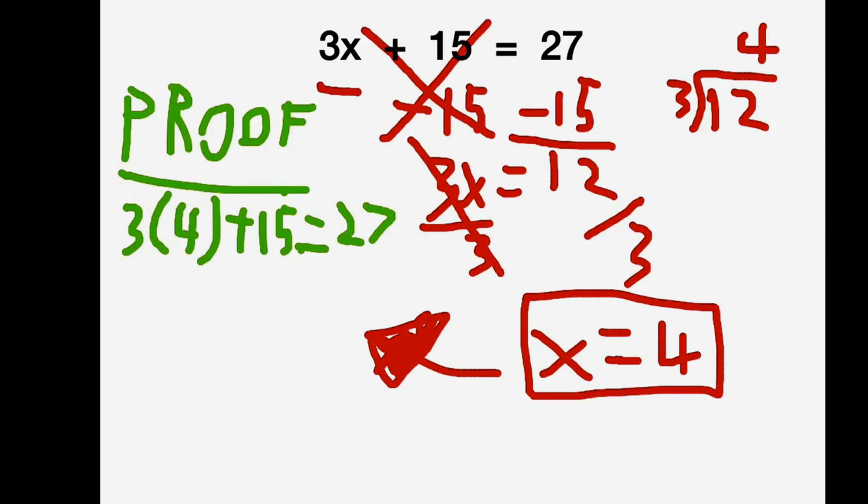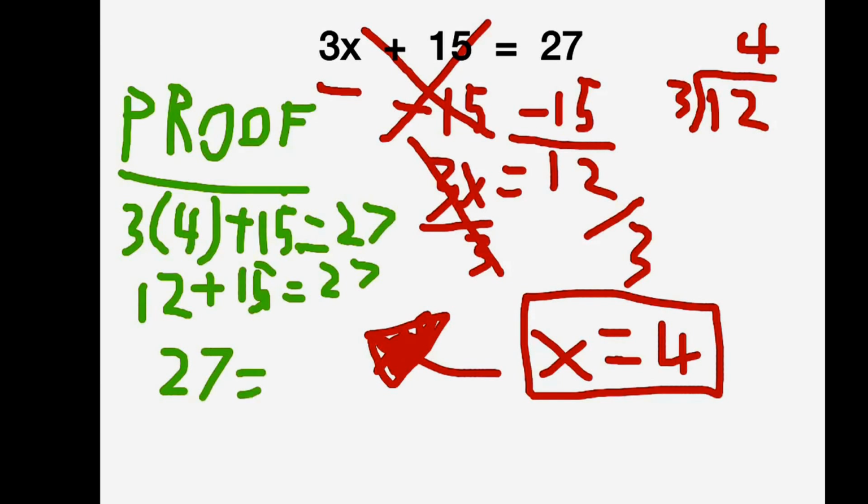So 3 times 4 is 12 plus 15 equals 27, which is actually right. 12 plus 15 does equal 27, and 27 equals 27. So our equation checks out. Let's go on to the next one.